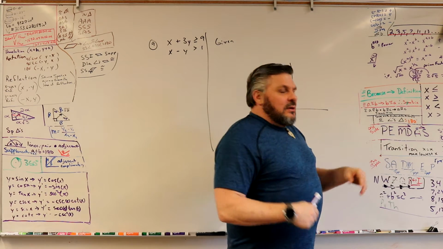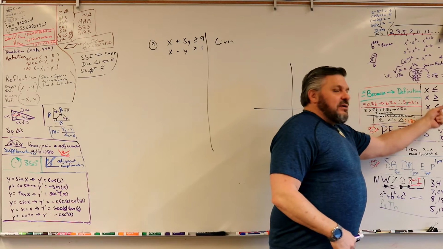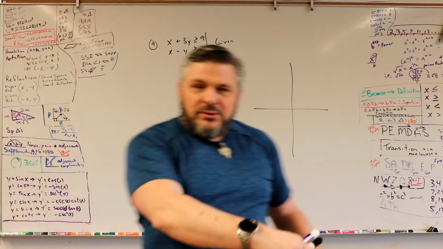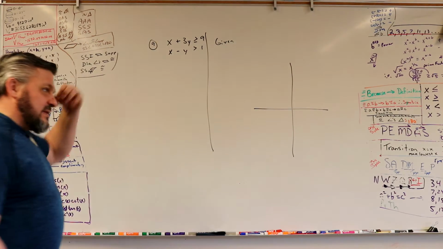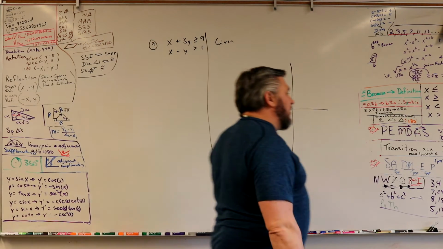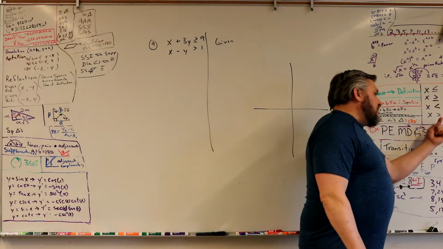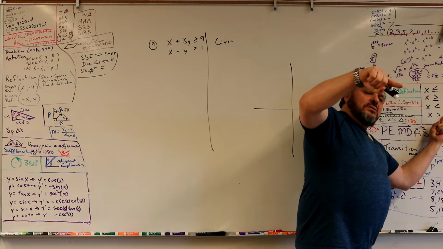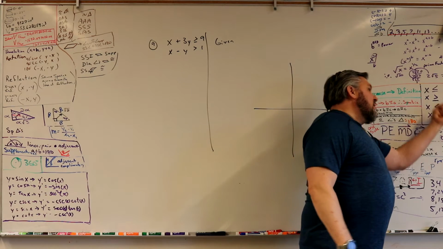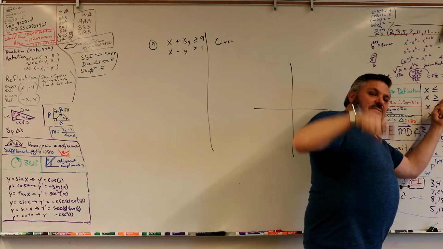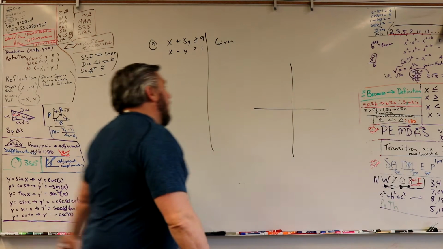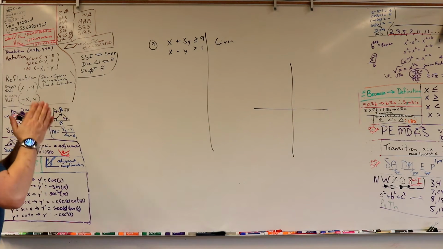If they are just greater than or less than, they are dotted lines. And that's like the most important thing you need to know. It's just like they have a hole when it's greater than, they are solid dot when it's equal to, same thing.